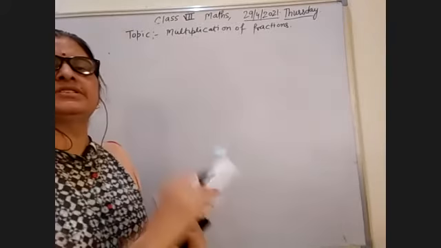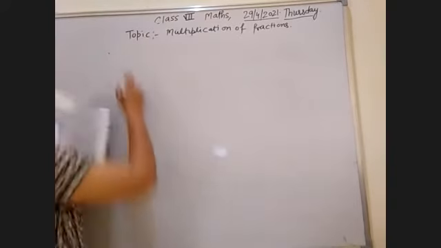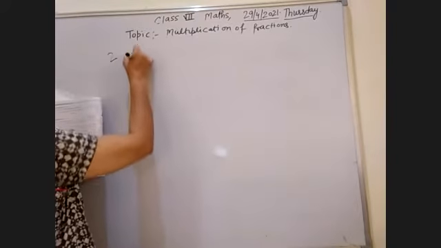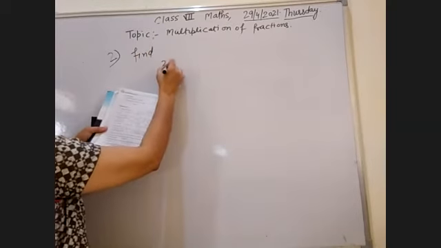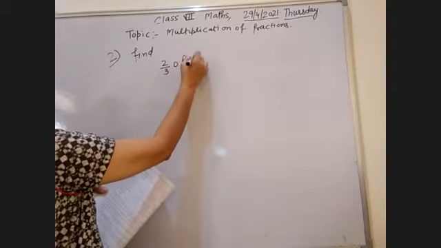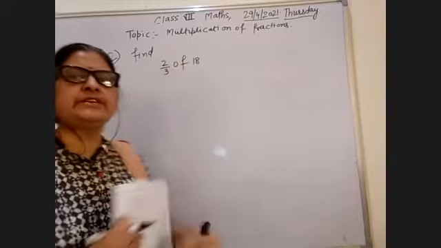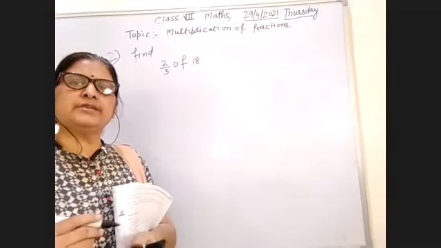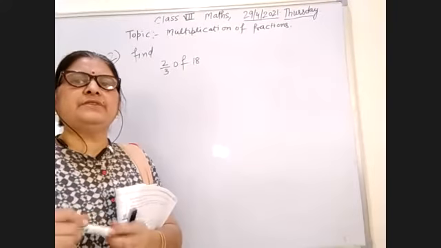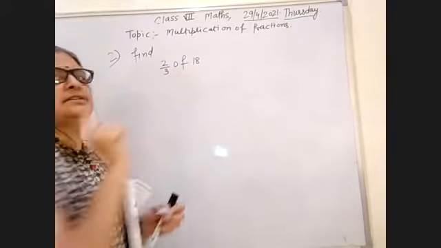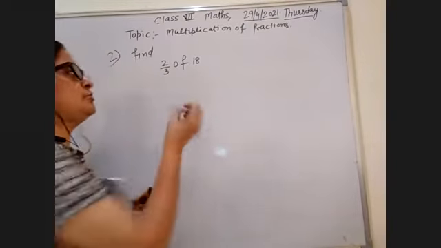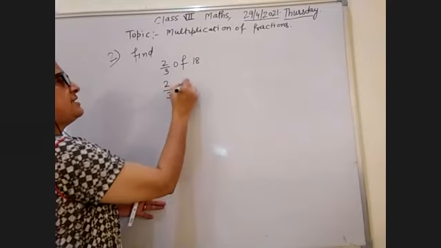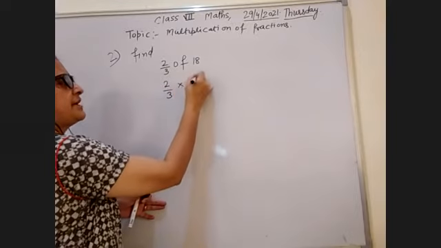Your second question is: find 2 upon 3 of 18. When "of" is written, I already told you in your first chapter, when "of" is written in the question, you can change "of" into multiply. You can write it in place of multiply.